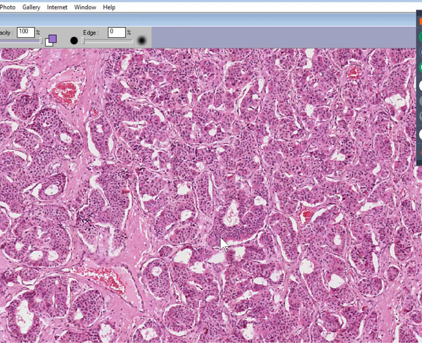Now, this is going to be a tough case. I made sure that not all the cases that I gave you today were easy. These cells here look kind of glandular, but remember, there are no true epithelial cells normally within the testicle. However, the Sertoli cells, or the sustentacular cells, or the cells that you see predominantly in certain parts of the testes, look like they are epithelial.